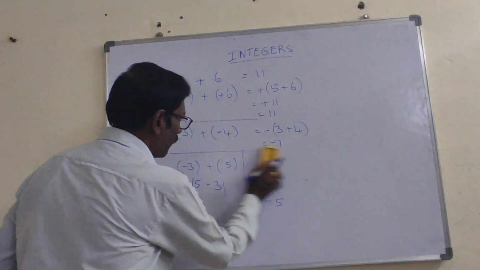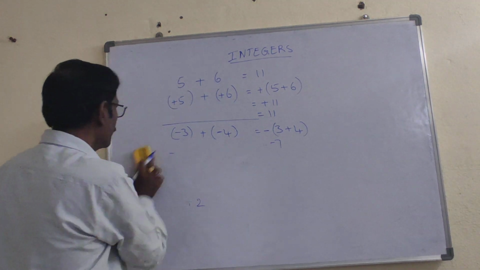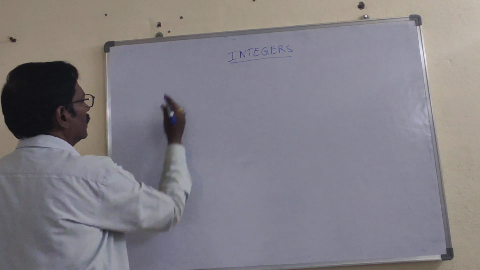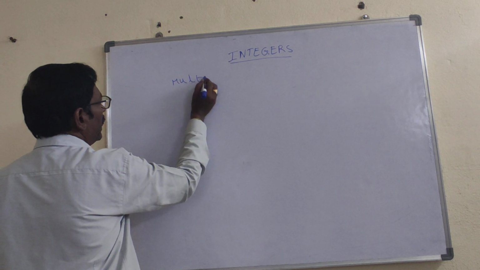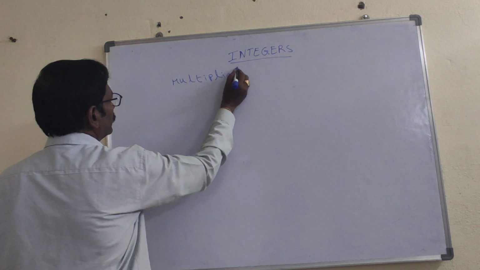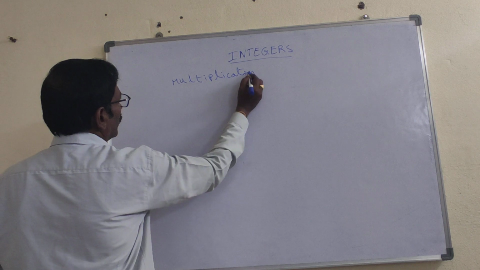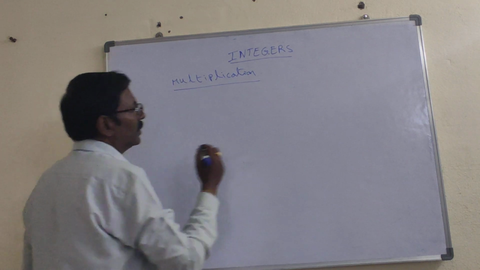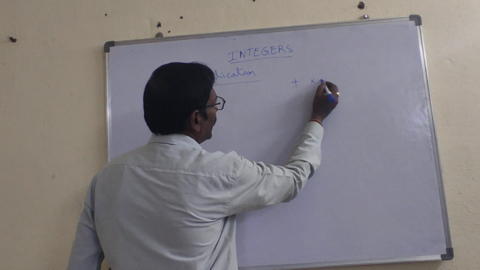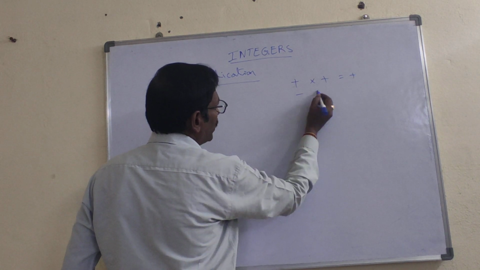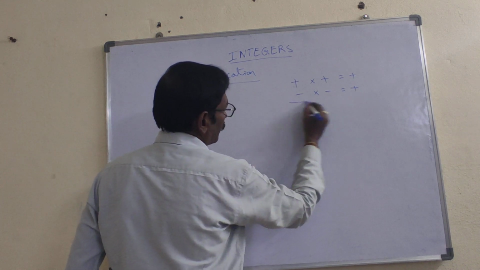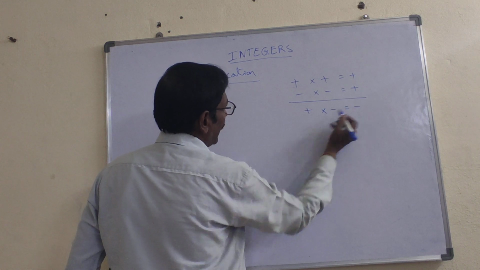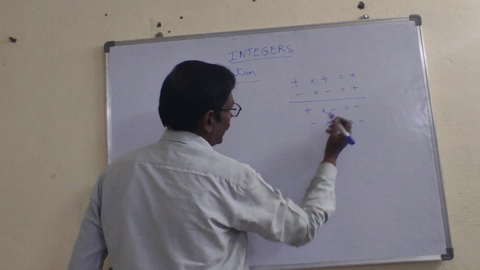Like that, multiplication of integers. It can be easily remembered as plus into plus is plus, minus into minus is plus, plus into minus is minus, and minus into plus is minus.